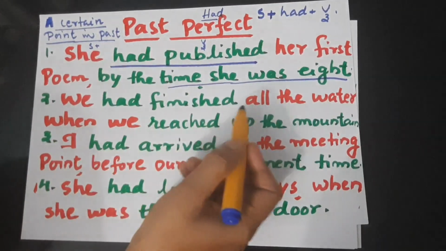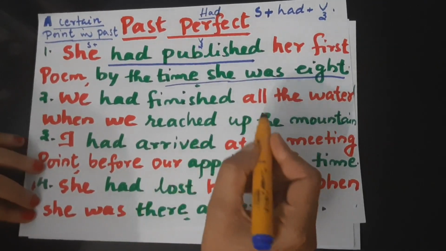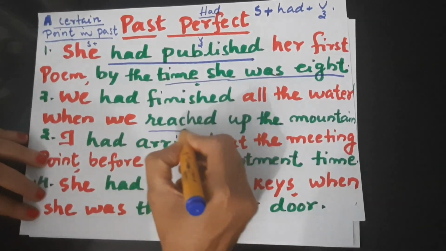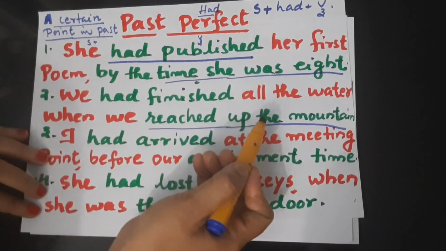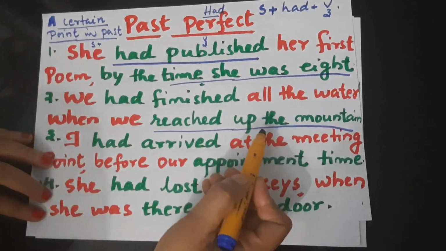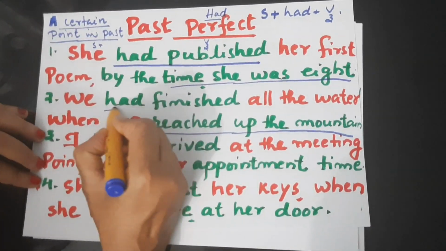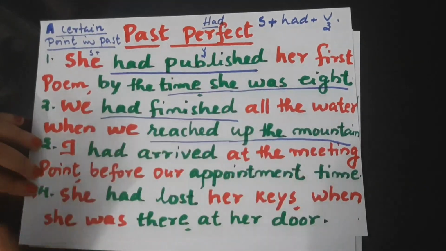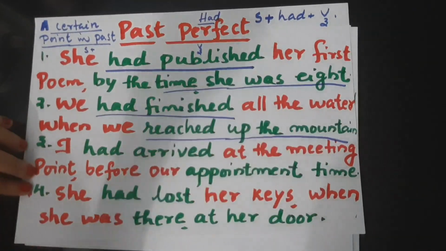We had finished all the water when we reached up the mountain. We reached up the mountain is a point in the past. But before that itself, we had completed another action. What is that? We had finished all the water.